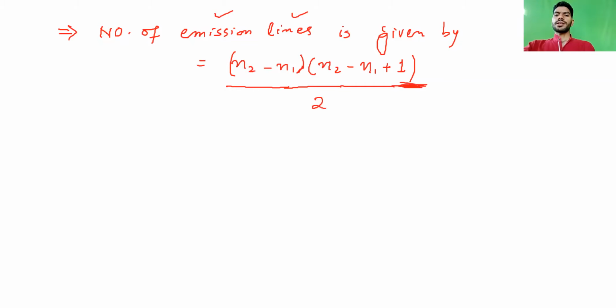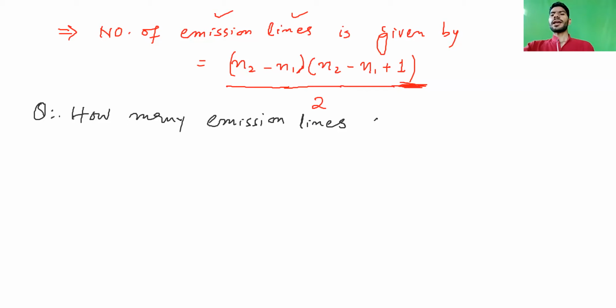For example, a question is asked like this: how many emission lines will you observe? An emission line is actually observed when an electron jumps from a higher energy level to a lower energy level.